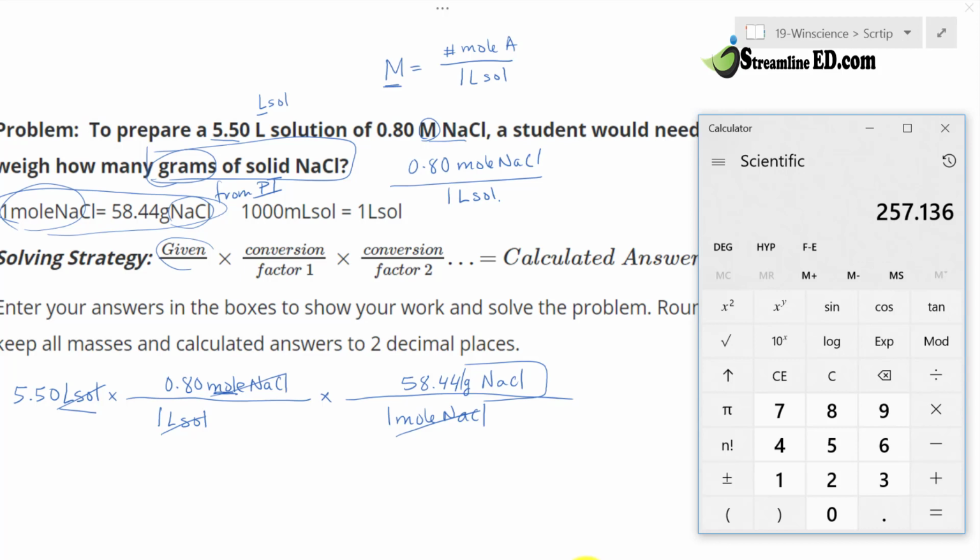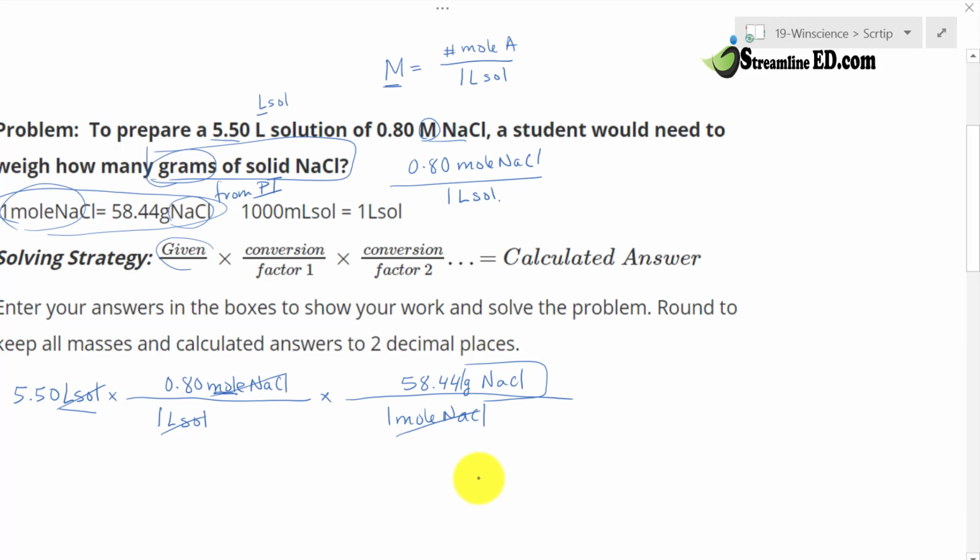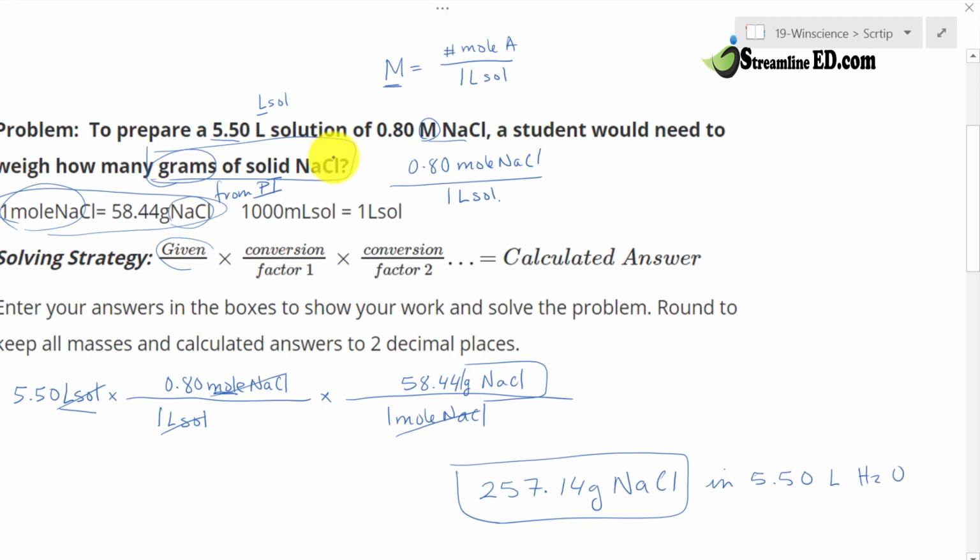So to prepare this solution with a volume of 5.50 liter and a concentration of 0.80 molarity, we would need to add 257.14 grams of NaCl to 5.5 liter of water. And that's how we would make this solution at that specific concentration.